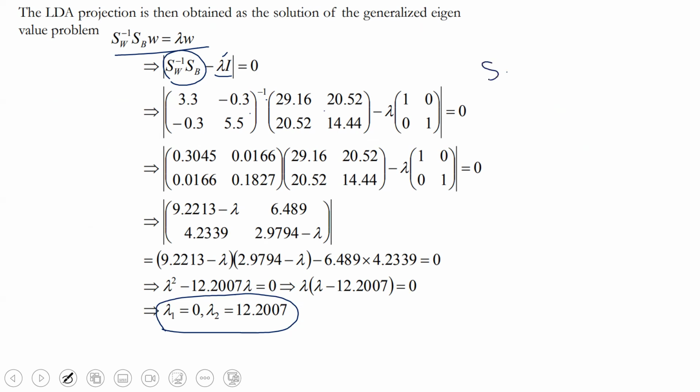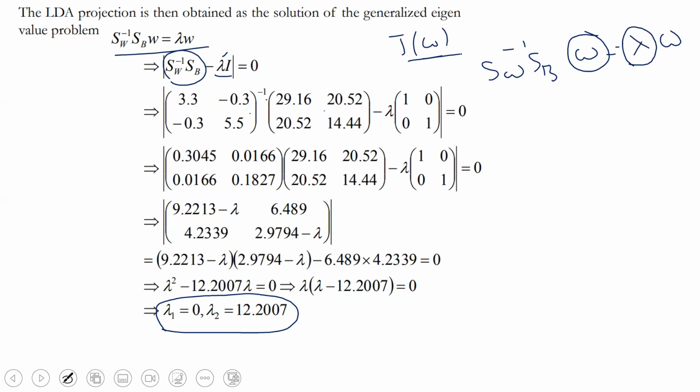This is our equation, SW inverse SP W is equal to lambda W. We are trying to maximize this W, the maximum function being J of W. So do you want lambda to be high or low for J of W to be maximum? As J of W is a maximization problem, high value, right?